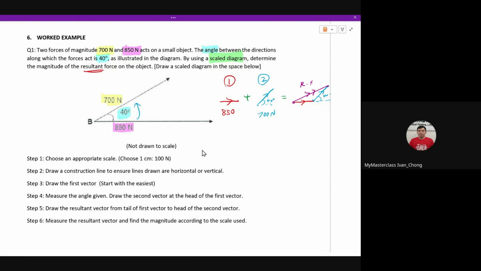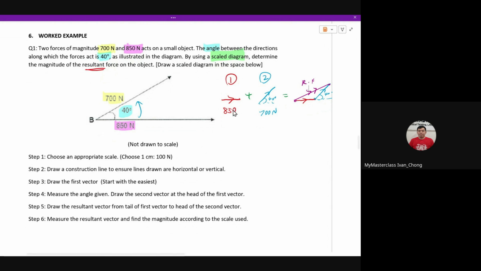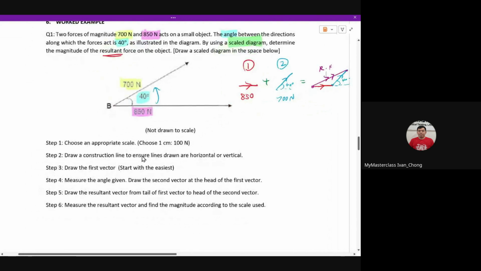Anything longer than that, you went too far. So you always want to make sure that the vectors that you're measuring are roughly 5 to 10 cm. If it's not 5 to 10 cm, something will be wrong. So what you want to choose is, for example, I'll choose this. Now do take note, don't write 1 cm, we take 1.0 cm.